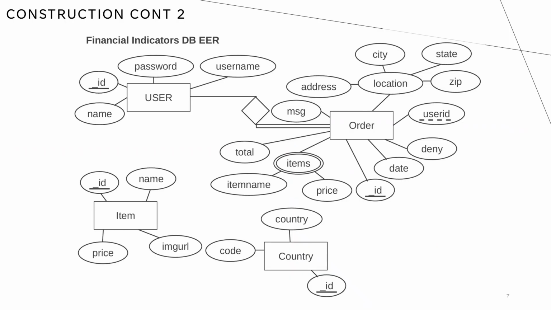So I took database systems and I created a pseudo diagram of the database that I'm working with, a little bit of relations, showing the attributes and the items and stuff like that.